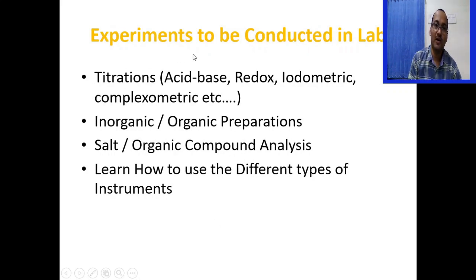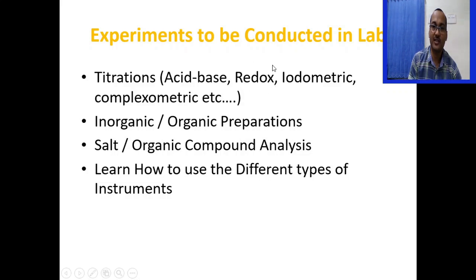Now we will talk about what experiments the students will carry out inside the lab. Mostly they will carry out different types of titrations like acid base titration, redox titration, iodometric titration, complexometric titration. In acid base titration, usually they will titrate the acid with a base.